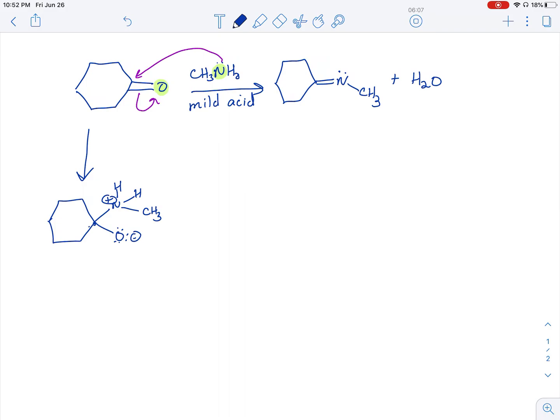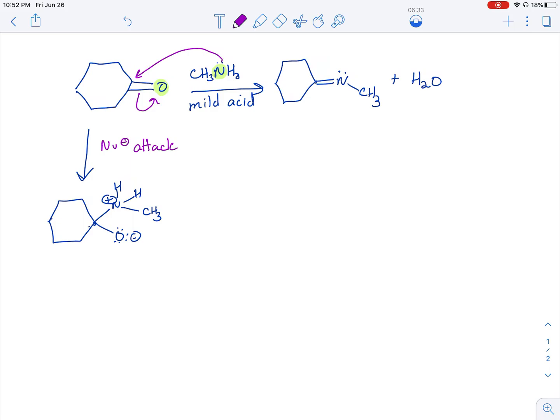All right, so that's what we end up with. And I think we can see basically the first step here was nucleophilic attack. So nothing new here, right? We've been doing this for a while. Now, if we look at this, the oxygen doesn't want to be negative and the nitrogen doesn't want to be positive, they would both prefer to be neutral, right? So what's going to happen here? Well, it's going to be a proton transfer, right?